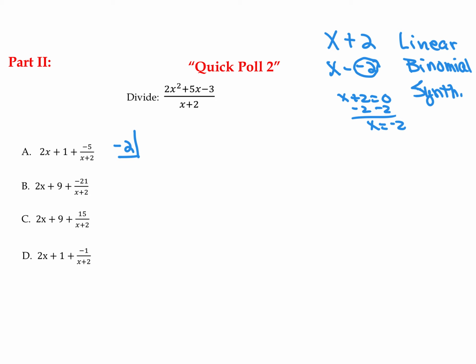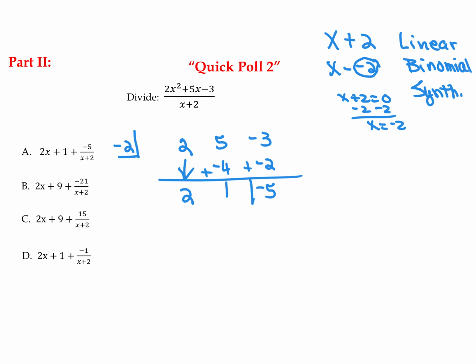So my divisor is going to be negative 2. My coefficients, I have 2x squared, 5x, negative 3. Okay, bring down the first, multiply and add, multiply and add, and I see that I do have a remainder. So when I'm writing my answer, the original was an x squared.